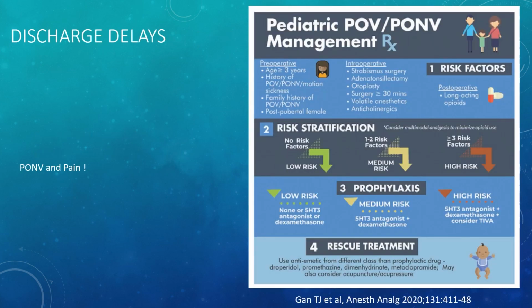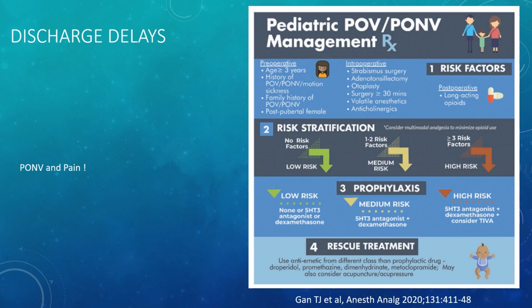The most common reasons for discharge delays or unanticipated hospital admission, even in the pediatric population, are PONV and pain. Based on a very recent publication from T.J. Gan and his colleagues in 2020, here's a nice algorithm for how to address PONV in the pediatric population.